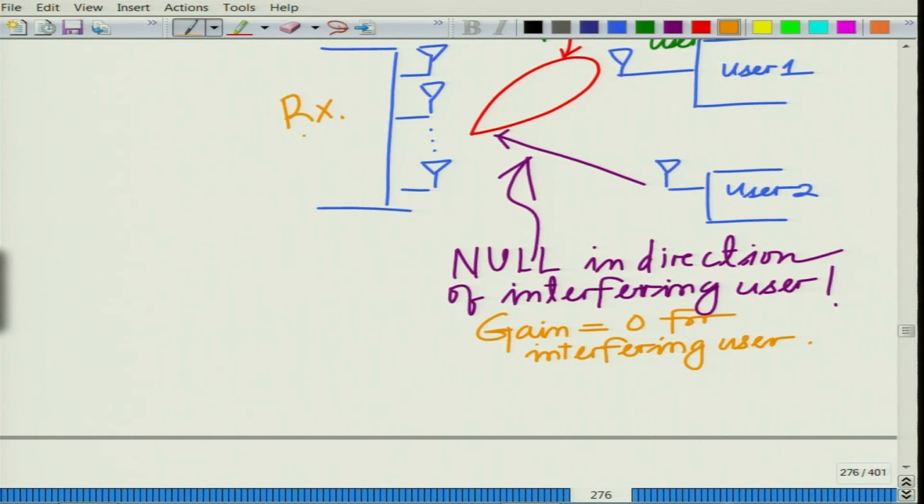So, this is your receiver. What this multi-user beamformer is doing is essentially this: there are two users, one is the desired user, so you want to receive the signal from that user, while you want to suppress the interference, the signal from the other user who is the interfering user.